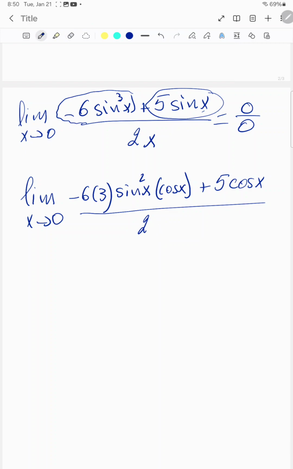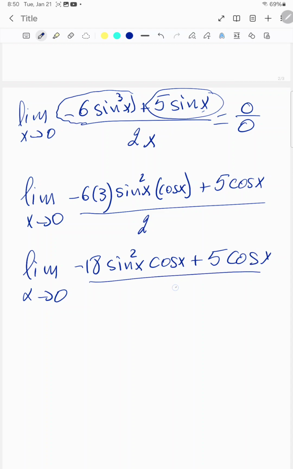So here, if I replace x by 0, it becomes the limit when x goes to 0 of minus 18 sine square of x cosine of x plus 5 cosine of x, divided by 2. So sine of 0 is equal to 0 here, times cosine of 0 which is 1. 0 times 1 is 0, times minus 18 is 0. And cosine of 0 is 1. 5 times 1 is 5, divided by 2. So the answer is 5 divided by 2.